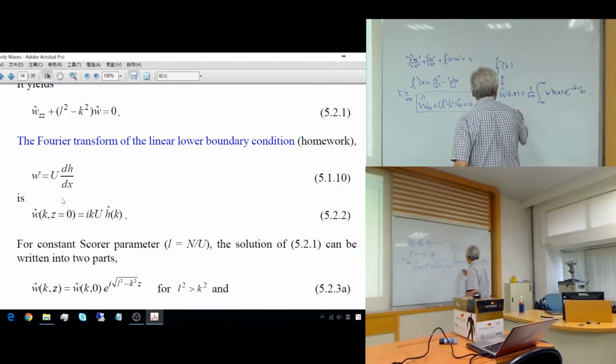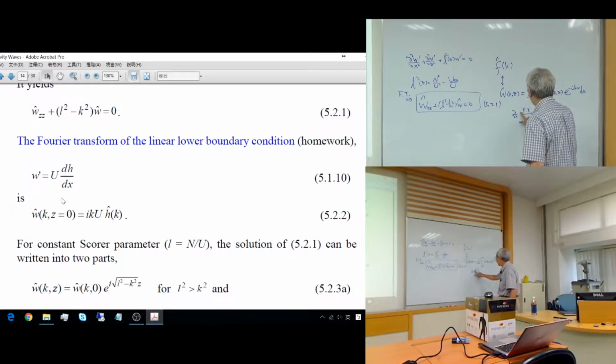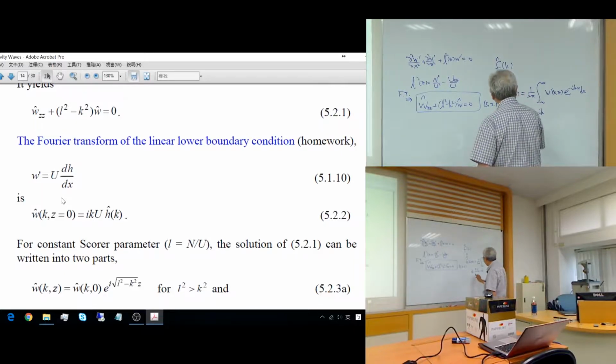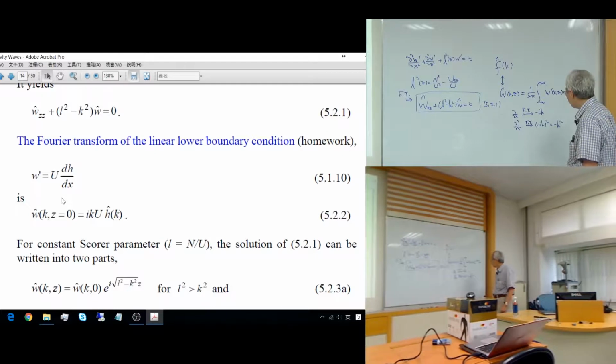When you have the Fourier transform of d/dx, that corresponds to negative ik, similar to taking the exponent down like before. And so d²/dx² corresponds to negative ik squared, which equals negative k squared.